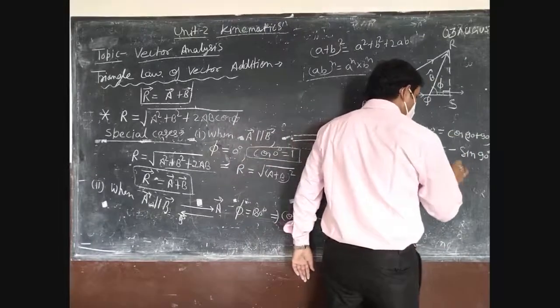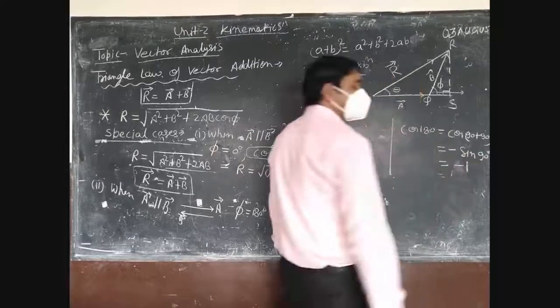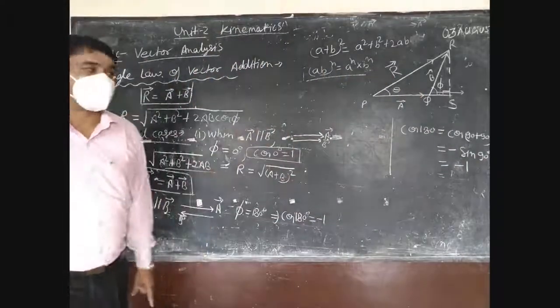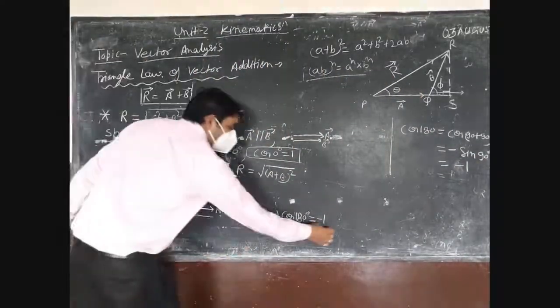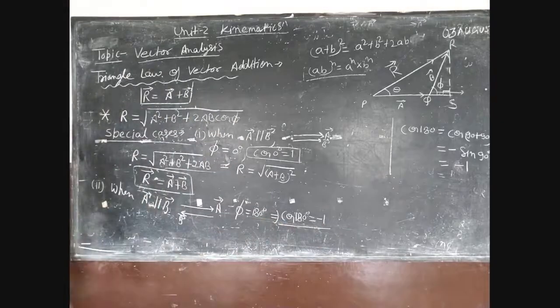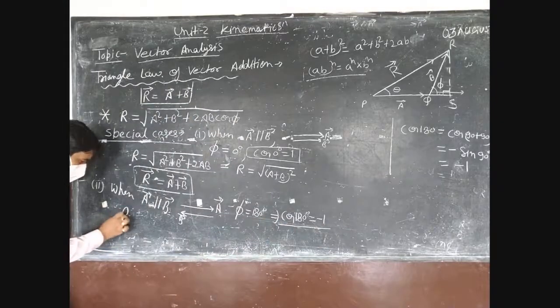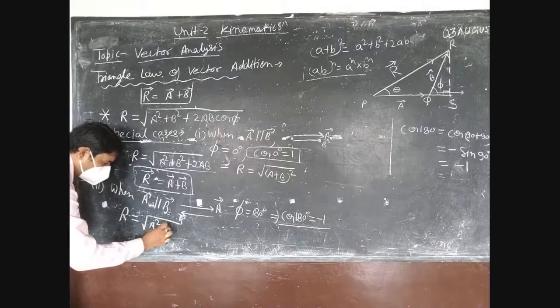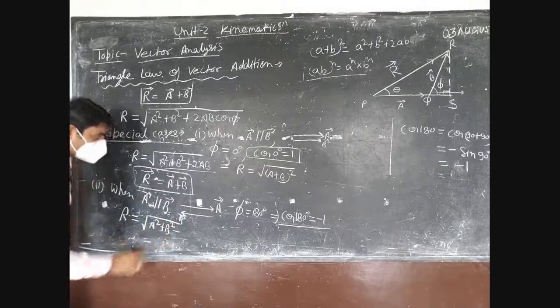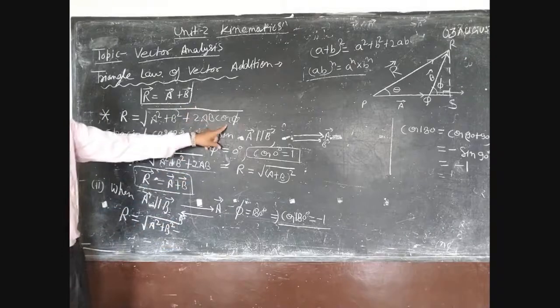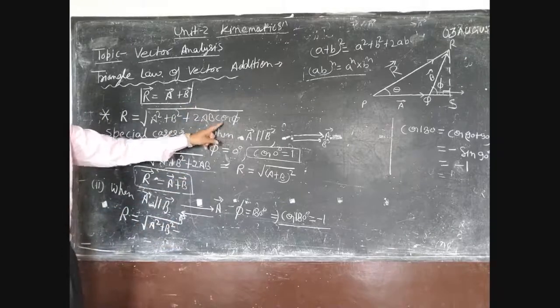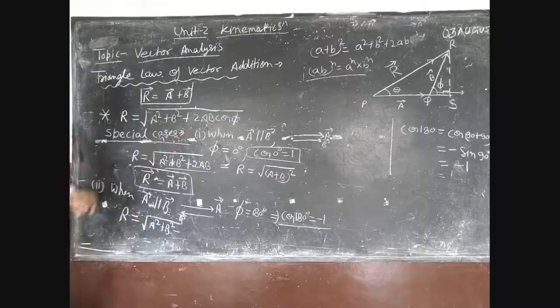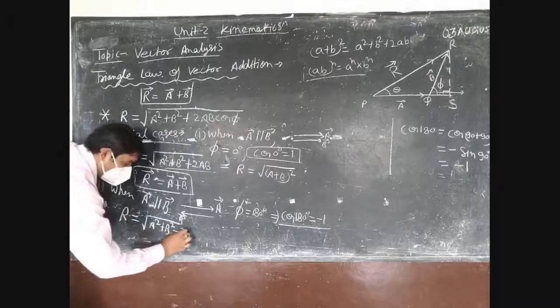Understood? This is the value of cos 180. Now use this result here. You will get A squared plus B squared, and the value of cos pi is minus 1. This minus multiplied with plus, and you will get minus 2AB.